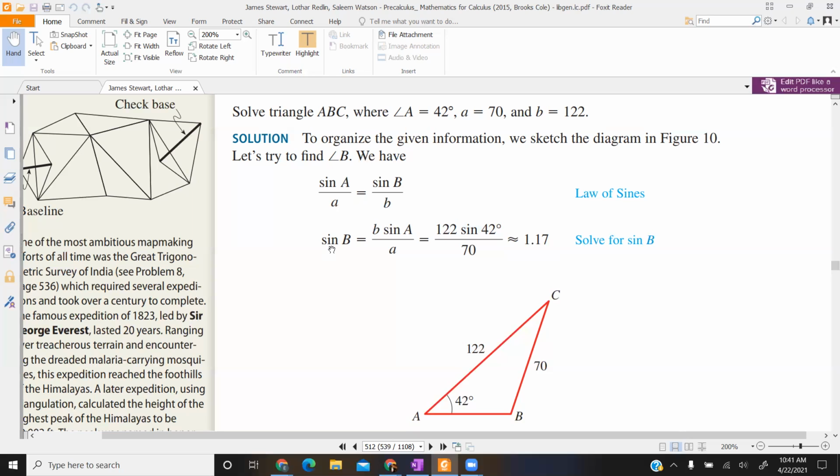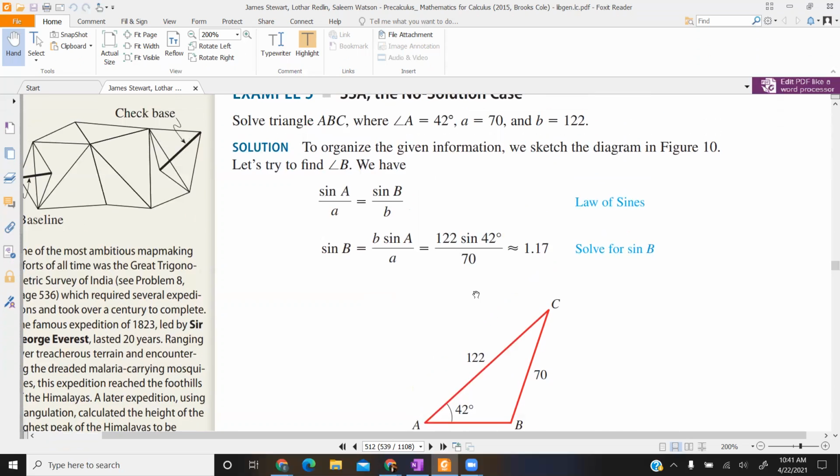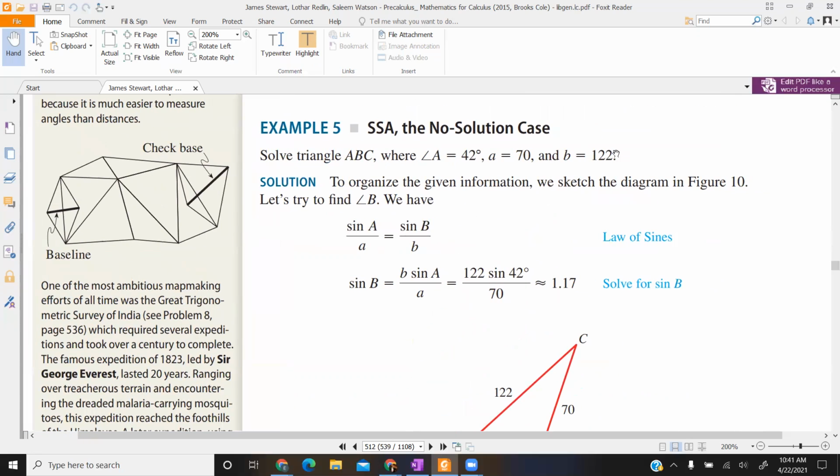So this line right here is a contradiction. This is impossible. Since the sine of an angle is never greater than 1, we conclude that no triangle satisfies the conditions in the given problem. So there is no such triangle that has this angle and these side lengths. This is the contradiction that shows you why there is no such triangle.